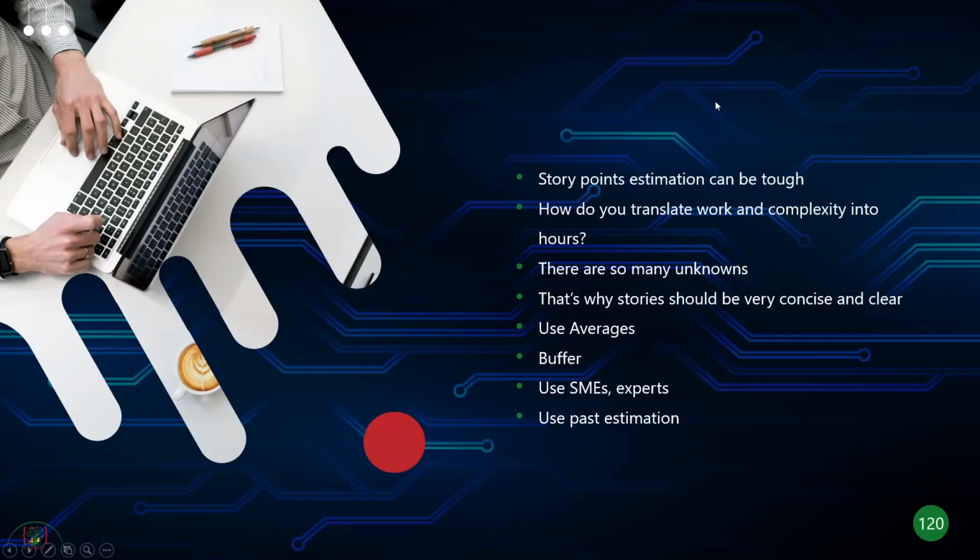Other things to keep in mind is, story point estimation is relative sizing. It can be tough. What is a size 3 for you might be a size 8 for some other team. It's totally your interpretation of the user story. How do you translate work and complexity to hours? These are very tough questions, right? There are many unknowns in the user story, right?